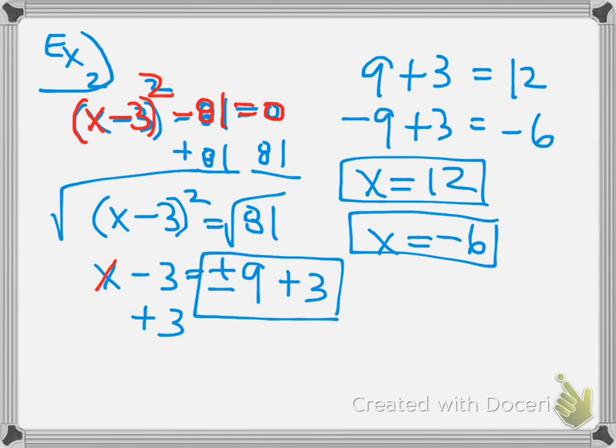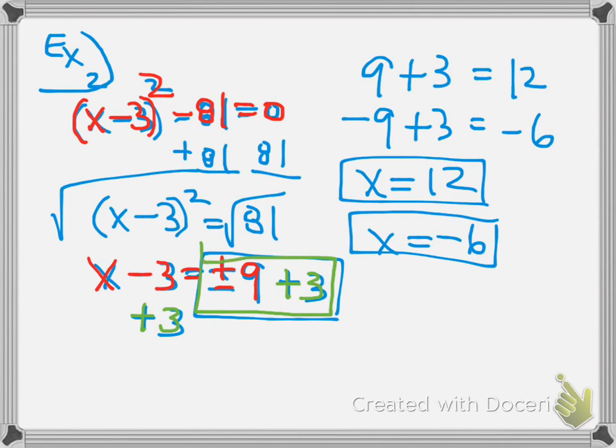You have this, x minus 3 equals plus or minus 9. Next, to finish, you add 3 to both sides. So you get this as your answer, plus or minus 9 plus 3.